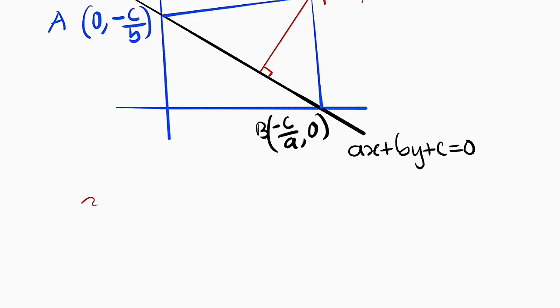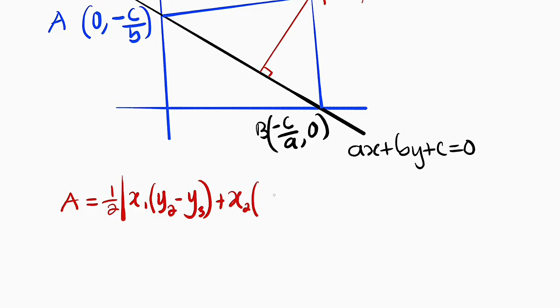The first formula I would like to use is the area of a triangle given coordinates: 1 divided by 2 multiplied by the absolute value of x1 multiplied by y2 minus y3, then plus x2 multiplied by y3 minus y1, plus x3 multiplied by y1 minus y2.